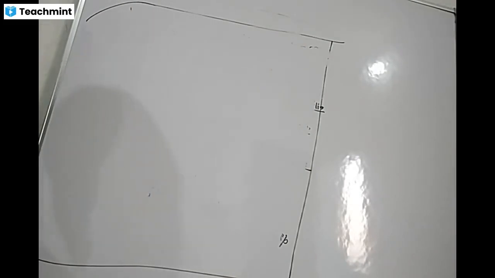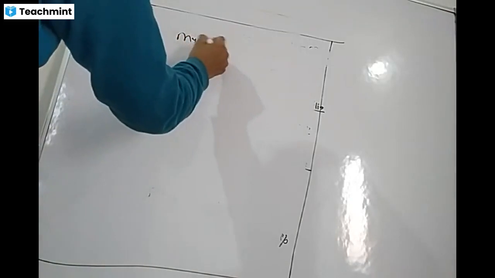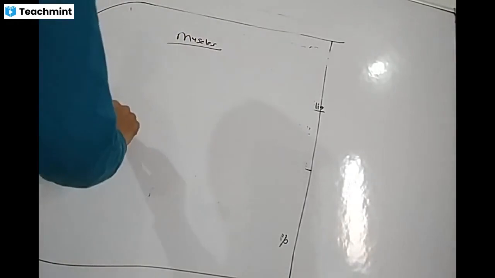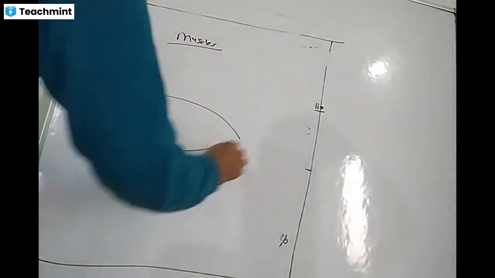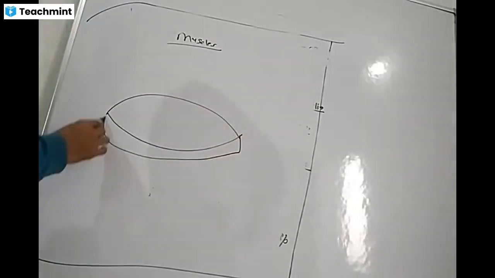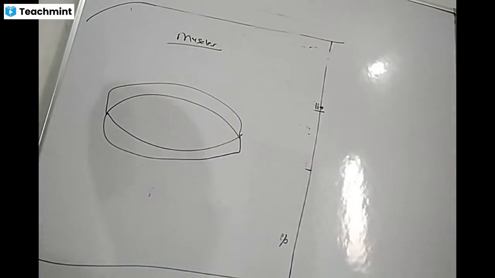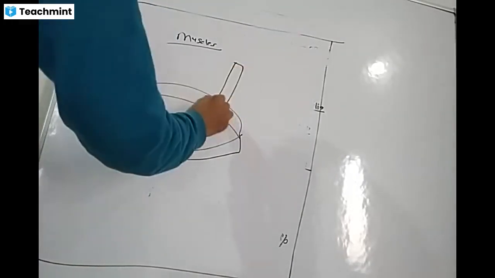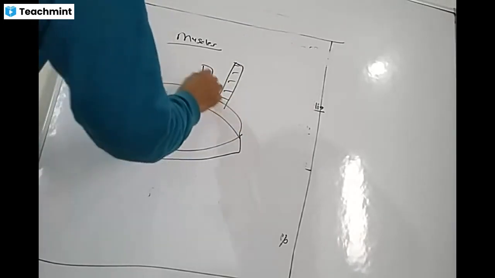Now something about muscles of the eyelid. This is your upper eyelid and this is your lower eyelid. There are one and two.